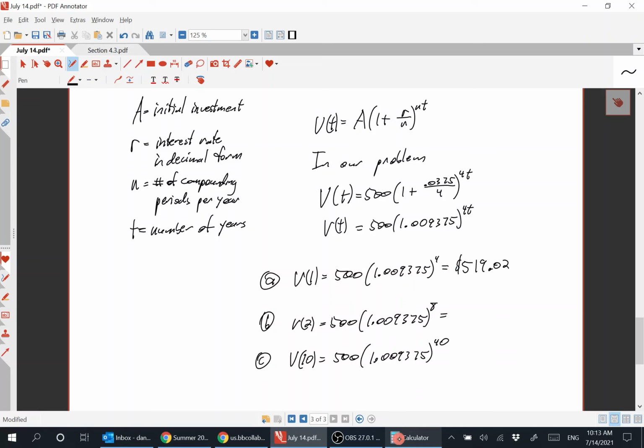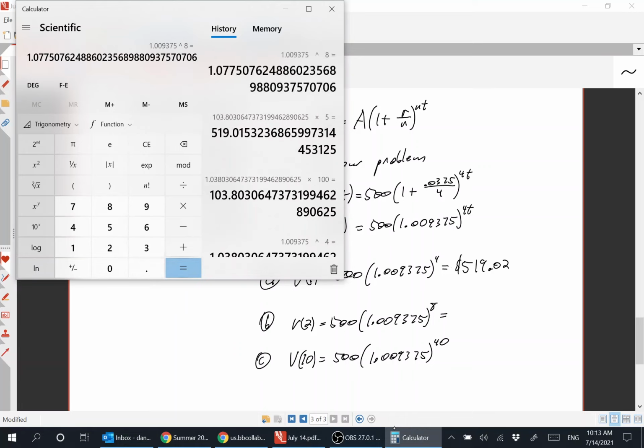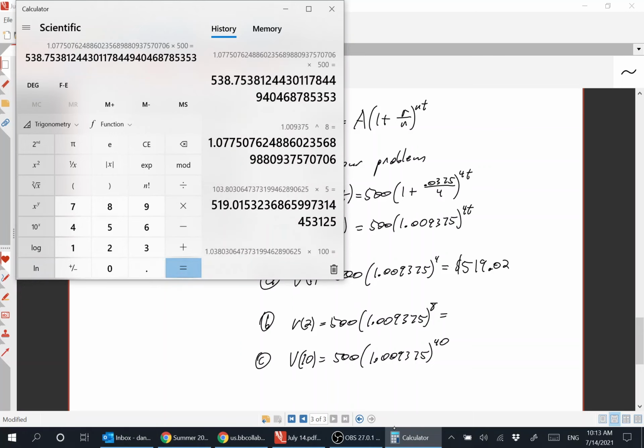And after 2 years, so 1.009375 to the 8th power times 500, 538 and 75.